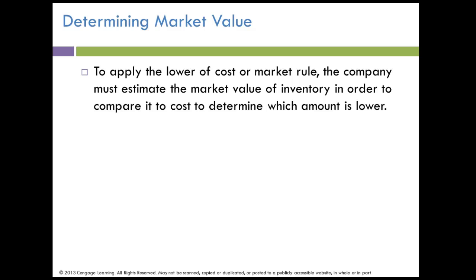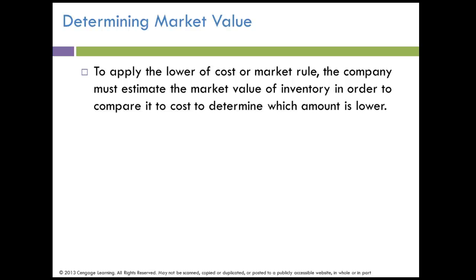When we apply the lower of cost or market rule, we need to estimate what the market value is in the inventory, compare it then to the cost to determine which is lower. Now know that generally speaking, companies aren't going to want to write down their inventory because a larger inventory shows greater assets on the balance sheet.